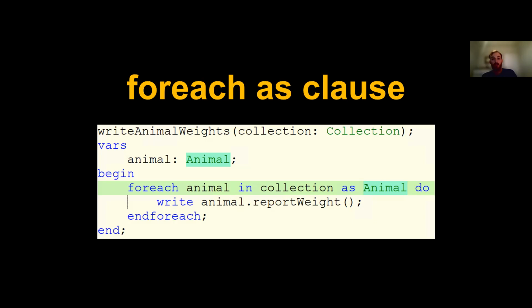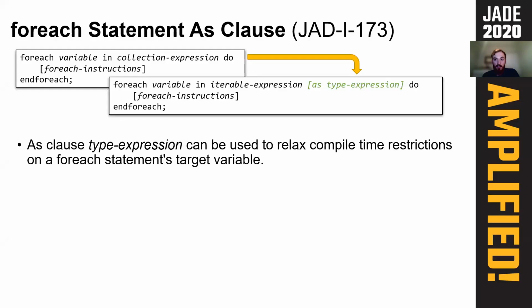Normally this method wouldn't compile without the as clause because it would only allow a variable of type any to be used because it is a generic collection reference. As I said, it's an optional expression that basically just relaxes compile time restrictions.